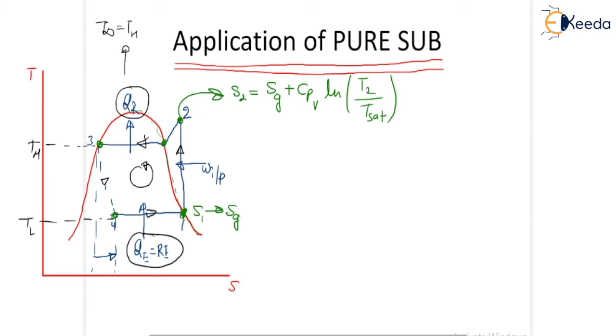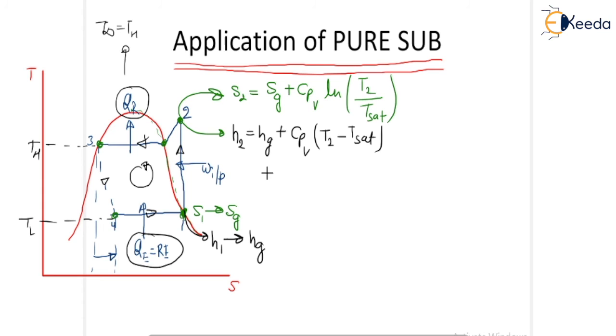And if point 2 is shown in enthalpy terms, then H2 equals Hg plus Cp,v times (T2 minus T saturation). And again in enthalpy terms, H1 is shown as Hg.